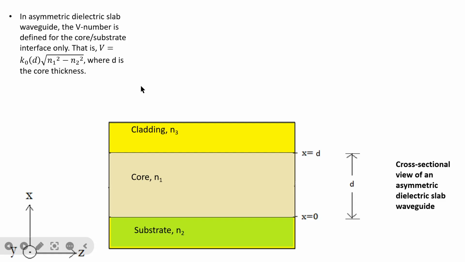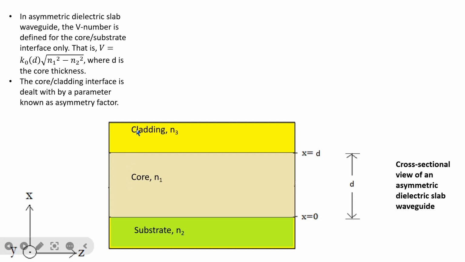And the V number is defined as this one, k0 d times the square root of n1 squared minus n2 squared. The square root of n1 squared minus n2 squared is also called the numerical aperture.